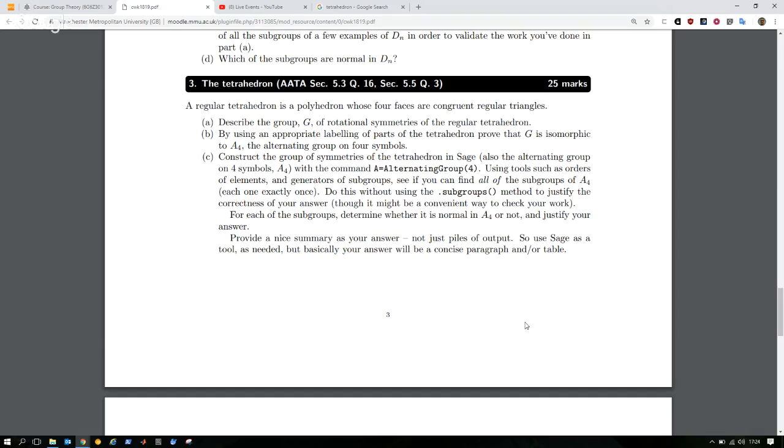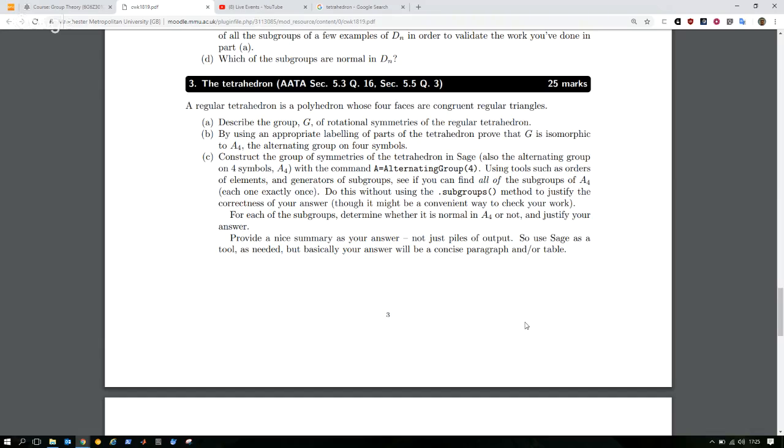You can use it so that you know what they are, but the argument that that's all of them should be independent of what SAGE told you. Use it as a way to validate your work and look ahead to the right answer, but you need a justification without appealing to the subgroups command.